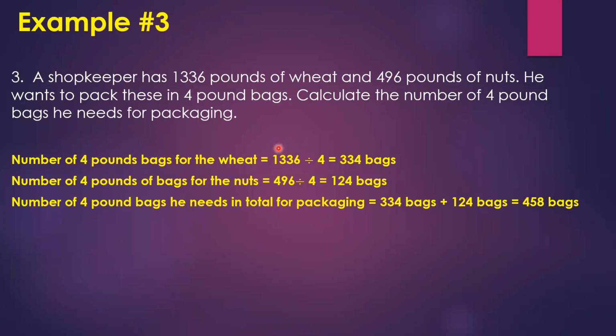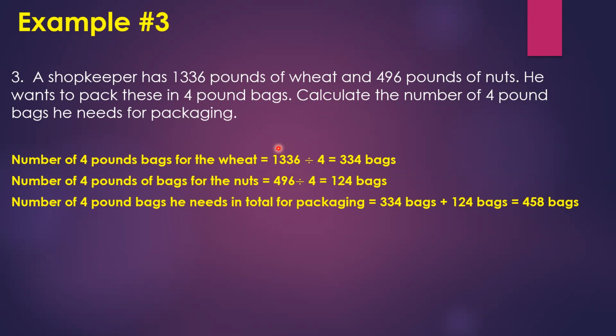Kivet Presenti, do you understand how we got our answer? Yes, sir. Okay, explain it for me. So a shopkeeper has 1,336 pounds of wheat and 496 pounds of nuts, and he needs to calculate the number of 4 pounds for each bag.